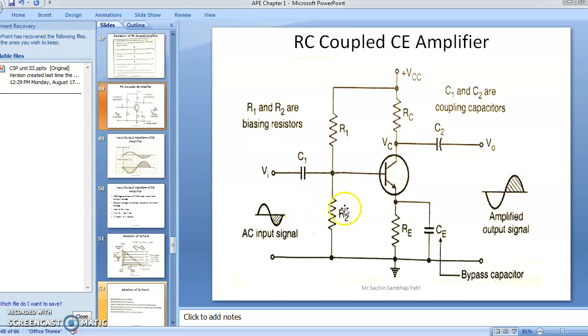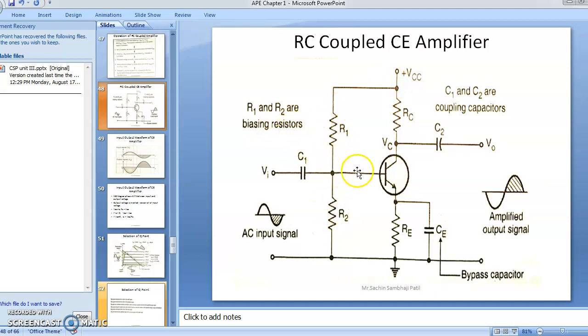As frequency decreases, XC1 increases. Because of that, C1 passes the high frequency component and blocks the low frequency component, that is the DC signal. The high frequency component is applied to the base of the transistor, and R1 and R2 act as a voltage divider, as biasing resistors.